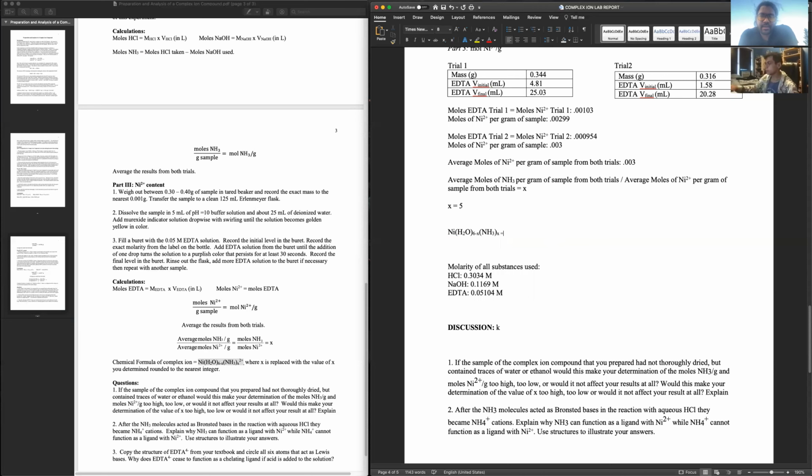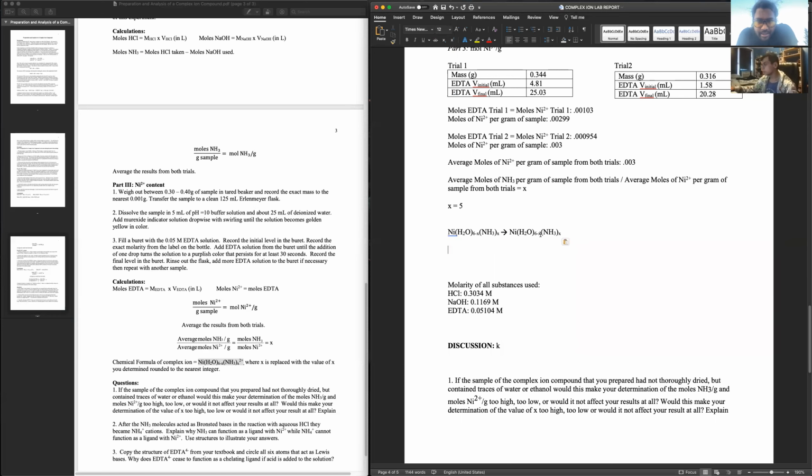So 6 minus X. So now we can just put equals, right? Or maybe an equal with an arrow after it or whatever. And then you'd write that again, and now you know the formula. Since we don't write the 1, you could just leave that, and then at the end of the ammonia, you can put the 5.